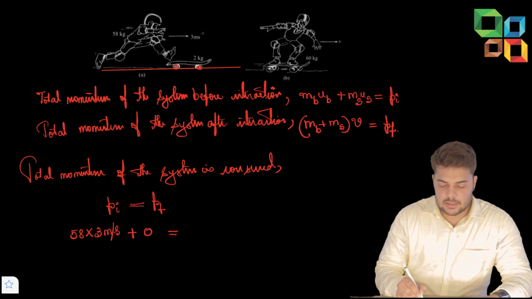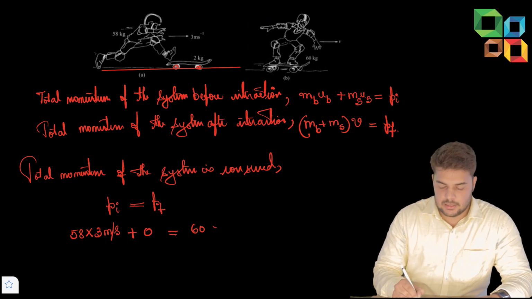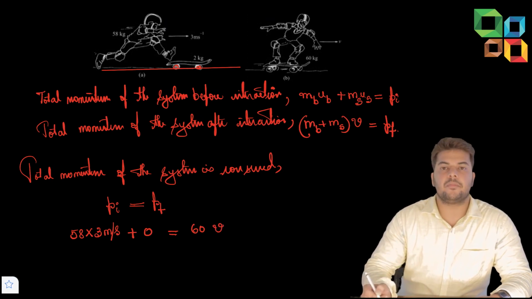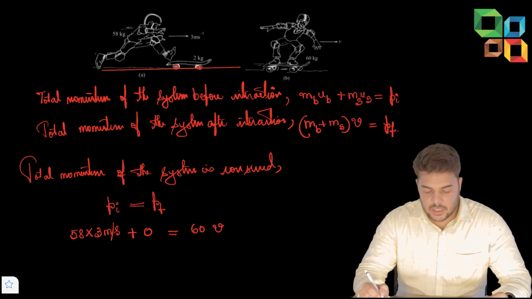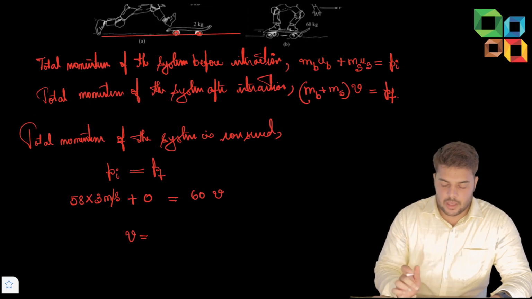This is equal to the final momentum, which is the mass of the boy plus the skateboard, 58 plus 2, that is 60, times the velocity v. Velocity v is what we needed to find out, and let's see what it is. So v is equal to 58 times 3 divided by 60.